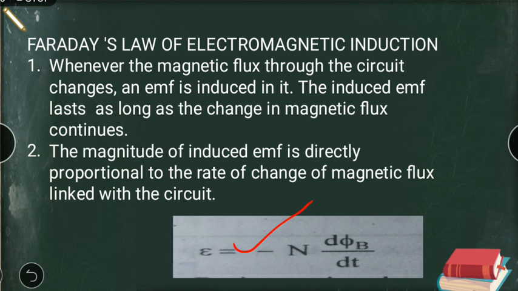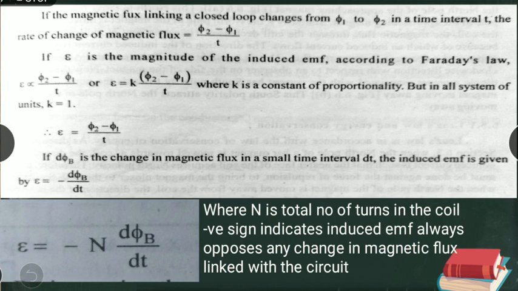E is the notation used for the induced EMF, and dΦB is the notation used for the change in the magnetic flux. So what happens? The magnetic flux linked with the loop changes.